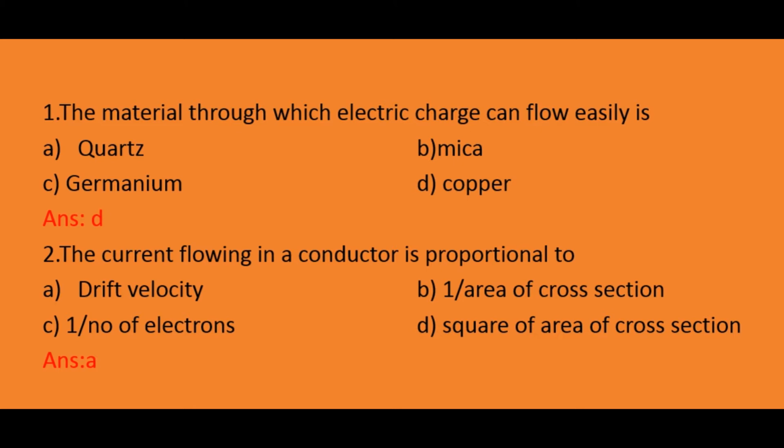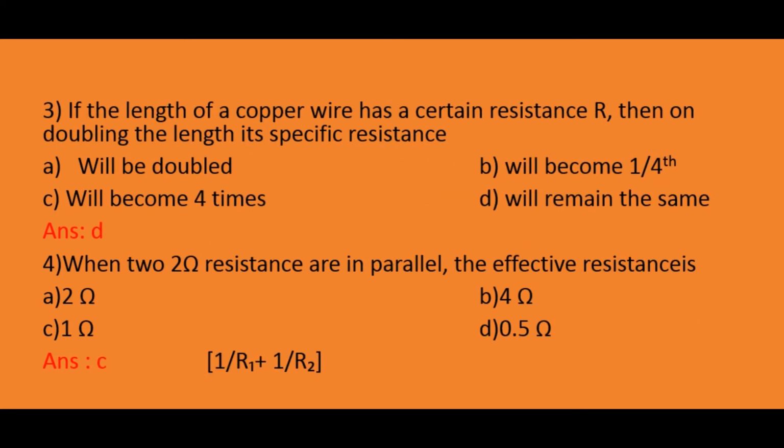The next question is: if a copper wire of length has a certain resistance R, then on doubling the length, its specific resistance. The options are will be doubled, will become 1 by 4th, will become 4 times, will remain the same.